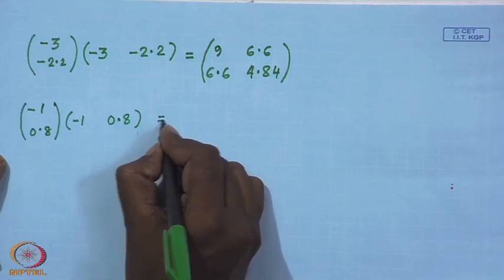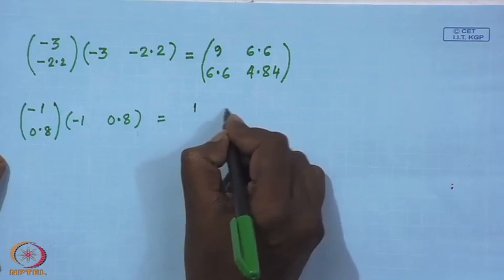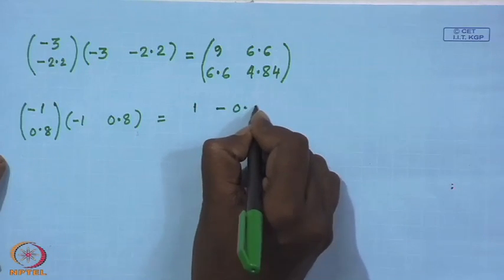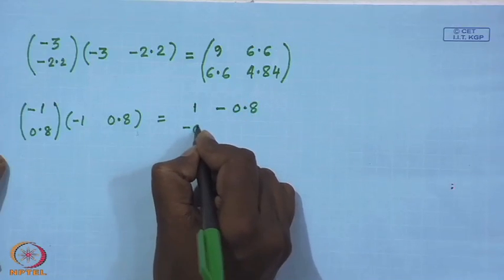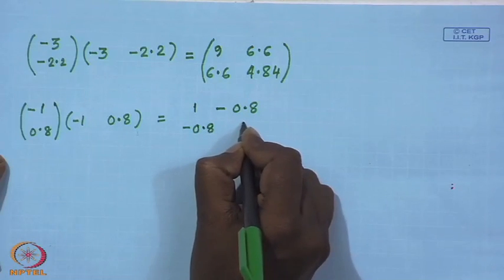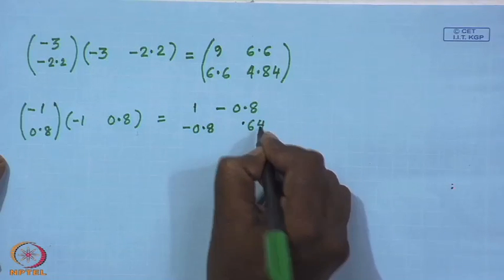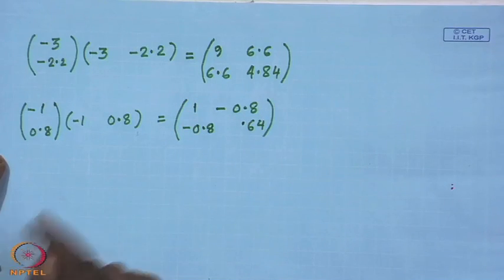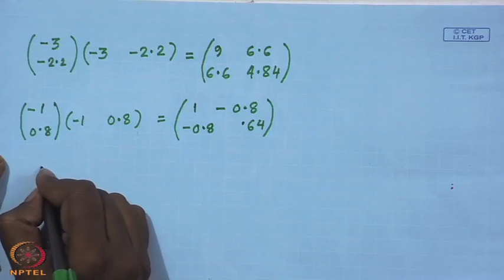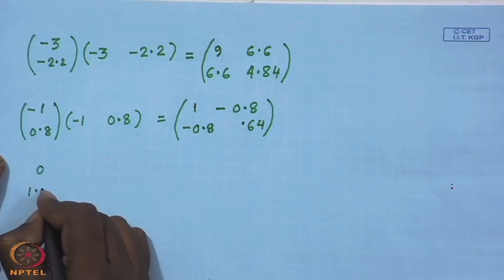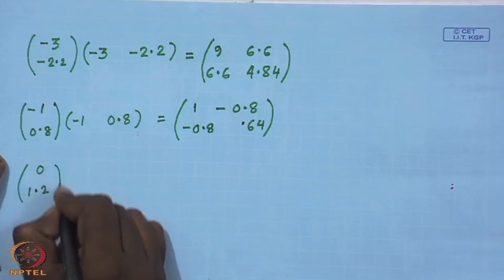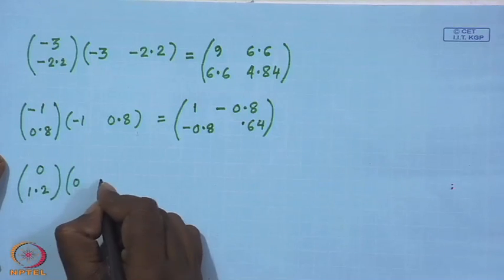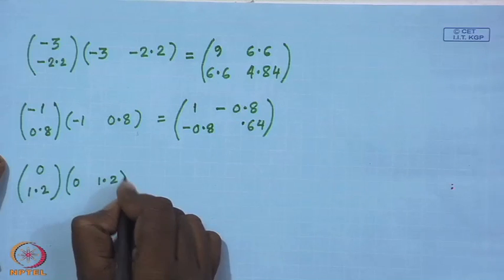It will be simply 1, minus 0.8, minus 0.8 and 0.64. For the third one, it was 0, 1.2, 0, 1.2.